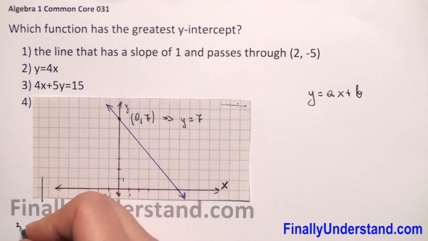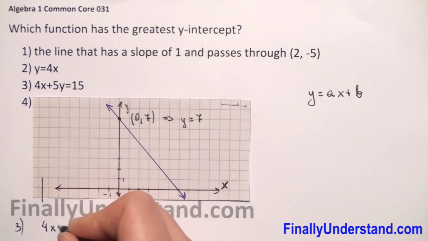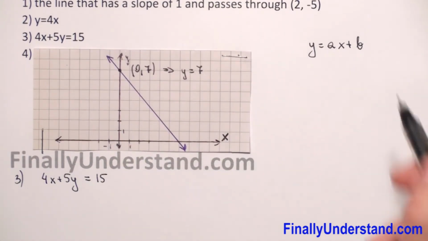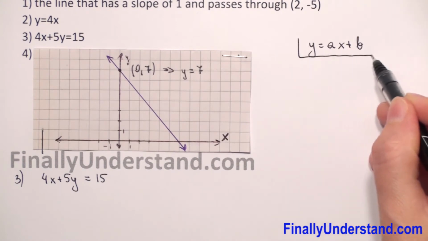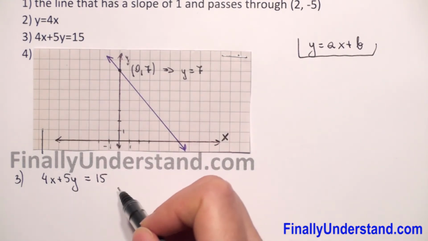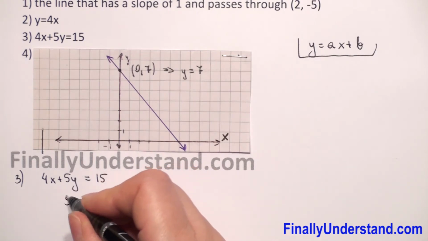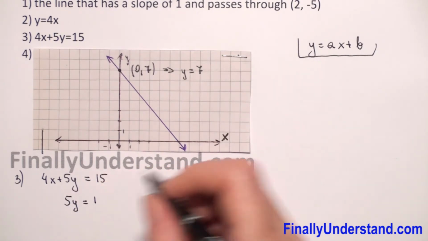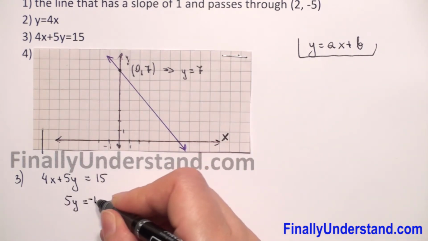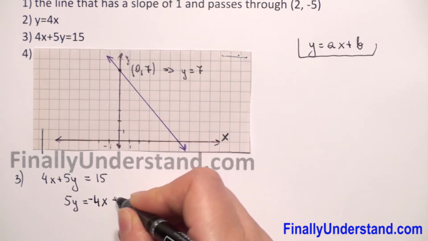So let me do this. Let me copy 4x plus 5y is equal to 15. We need this form, the general form of a linear function. So first I will move 4x to the right side. So 5y is equal to, first we need the expression with x, so it will be negative 4x plus 15.